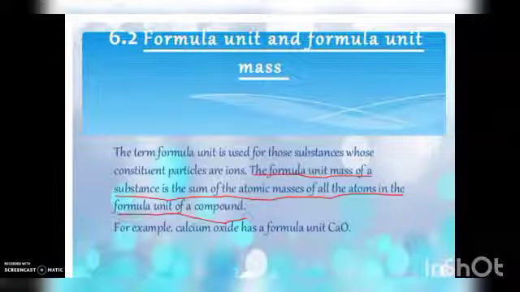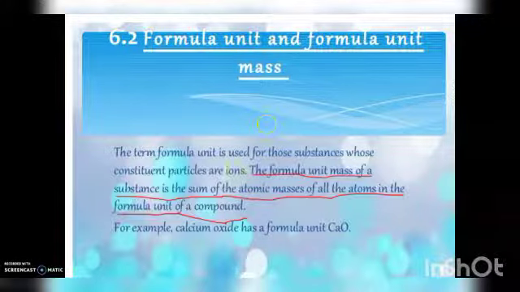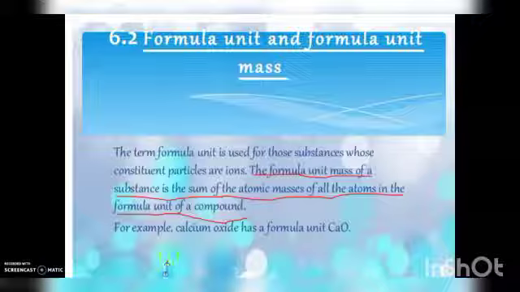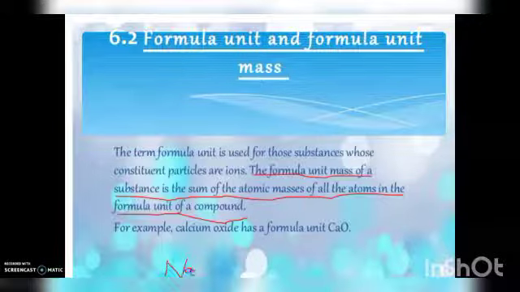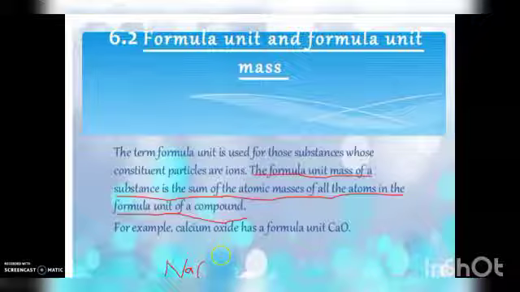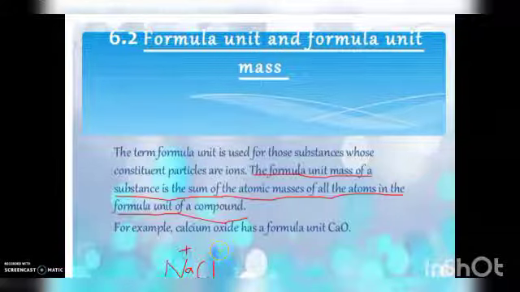That is, if we know how to write the chemical formula. For example, in the case of NaCl, we know these are ions. Sodium exists in the form of a plus ion, that is a cation, and chlorine is minus. We know sodium chloride is a crystal.